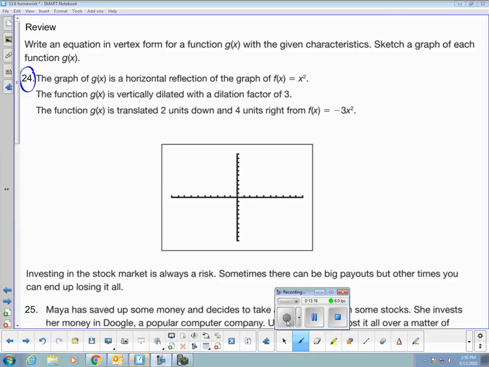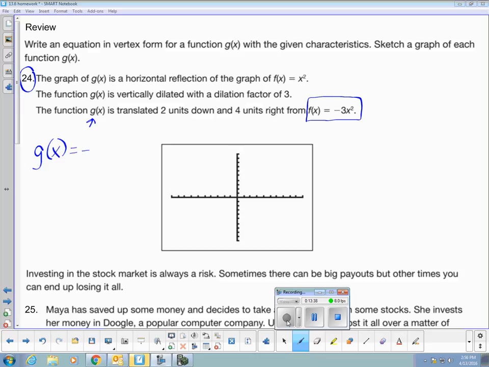So in number 24, I want to begin with the function f of x equals negative 3x squared, and then to that I need to make some changes. So I'm going to call my new function g of x.